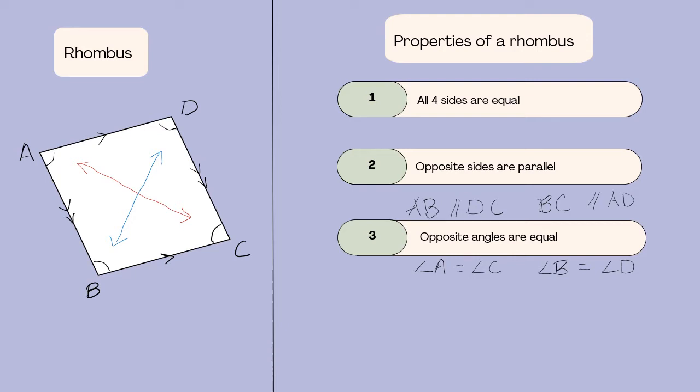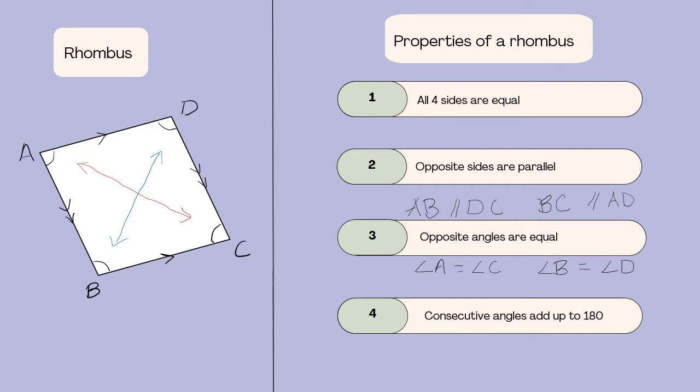Opposite angles are equal. The last property of a rhombus that you need to know is consecutive angles add up to 180 degrees. Now I talked about consecutive angles previously on parallelogram. Same thing applies to rhombus as well.